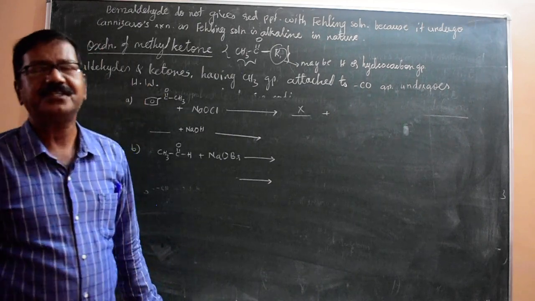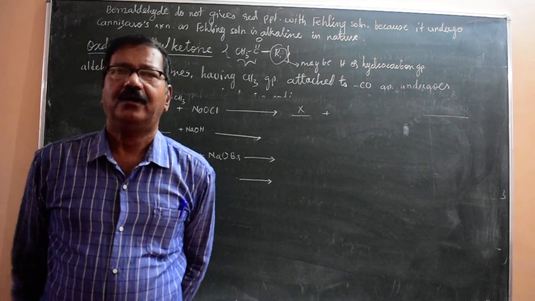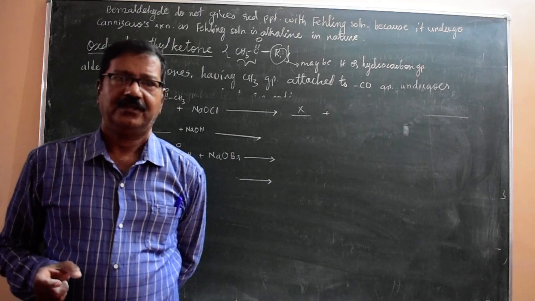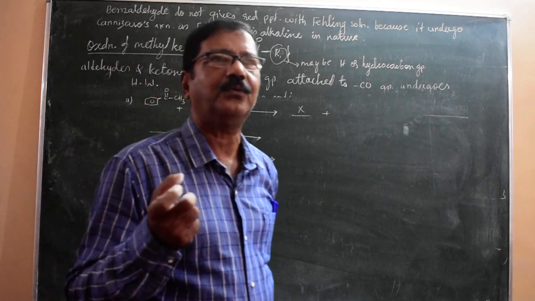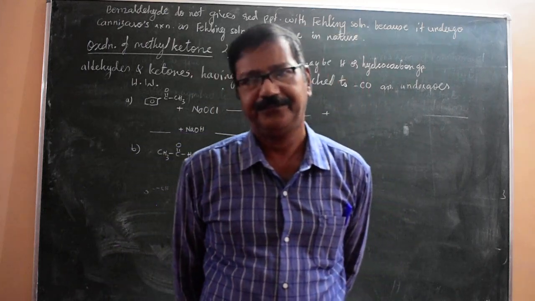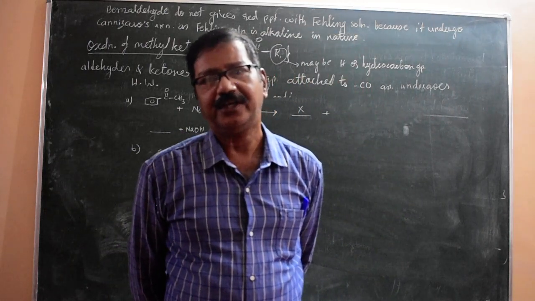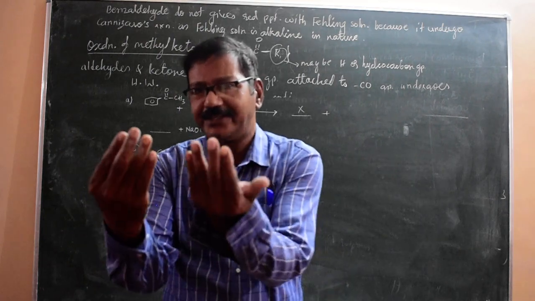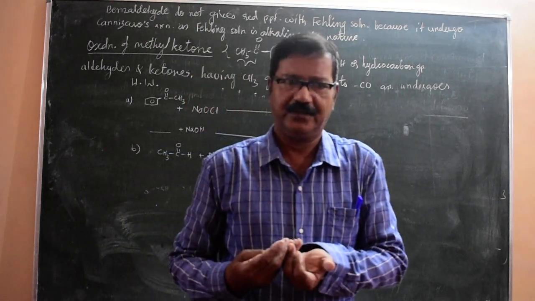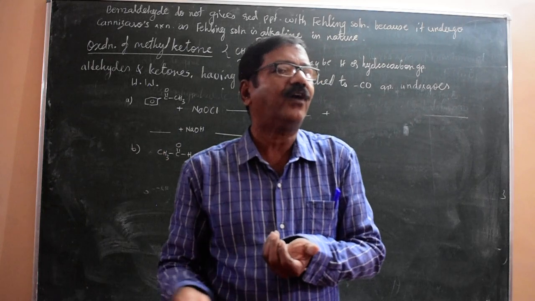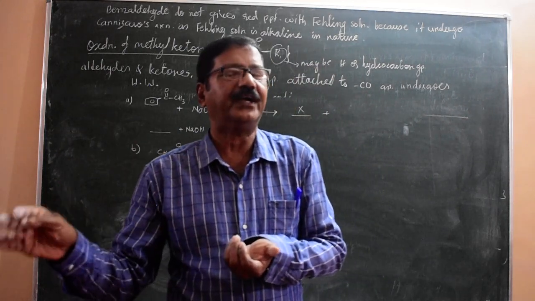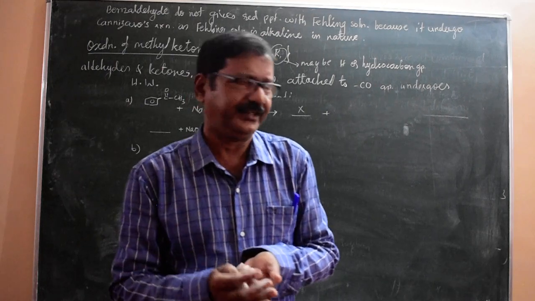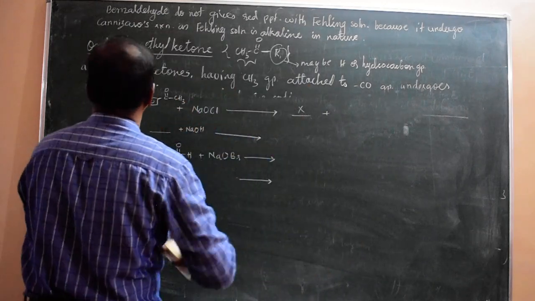Well, after this reaction, we have a reaction which is related to the hydrogen atom with respect to the carbonyl group. Hydrogen atom with respect to carbonyl means the adjacent carbon hydrogen. We know that is called the alpha carbon. So reactions due to alpha hydrogen. Let us discuss that.